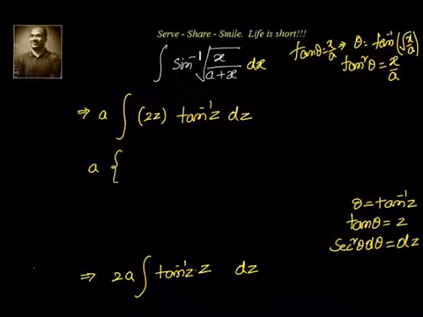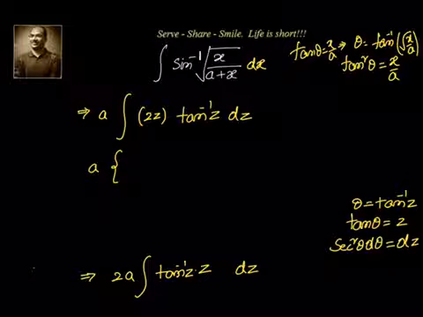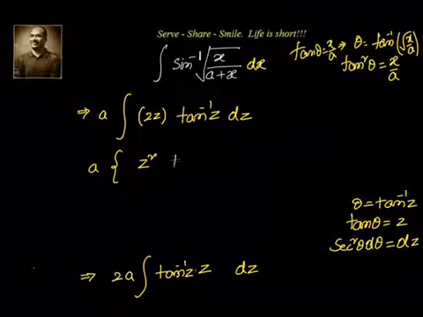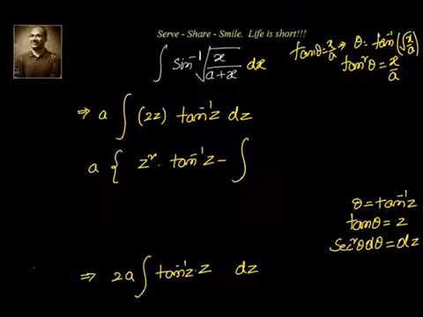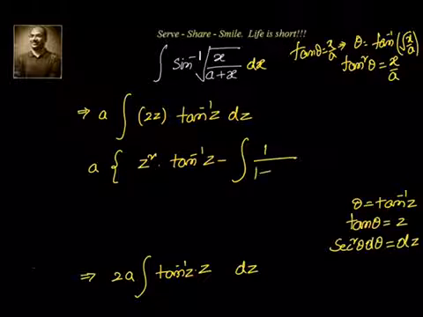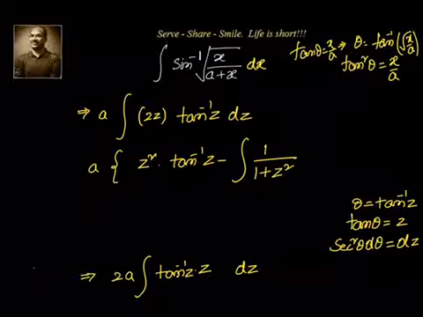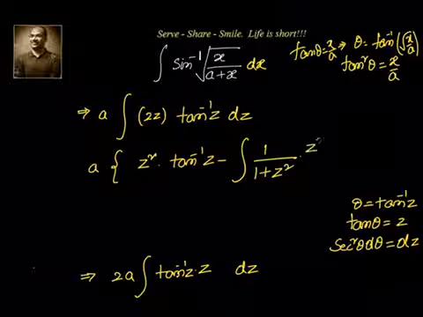It will become a into 2z integral is z square into tan inverse z minus integral of derivative of the first function, that means derivative of tan inverse z, which is equal to 1 by 1 plus z square into z square dz.